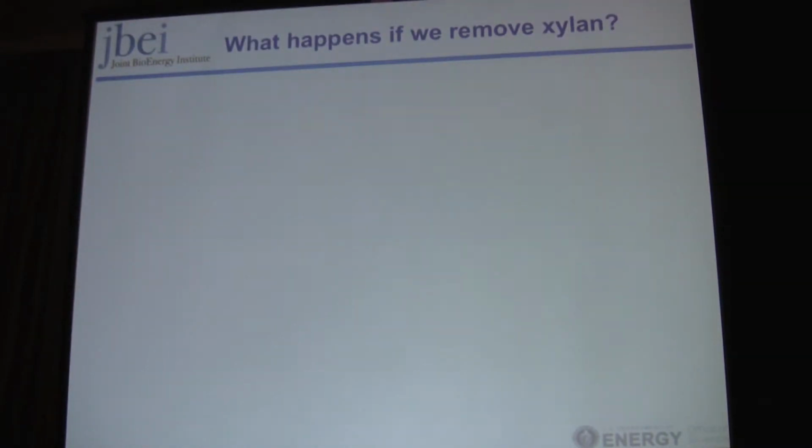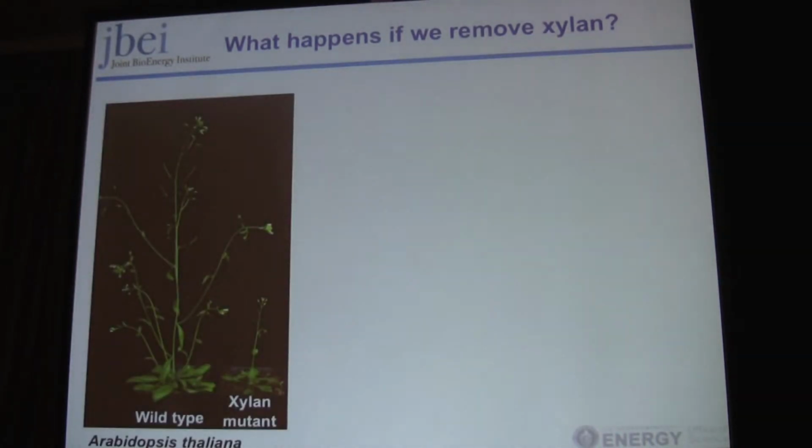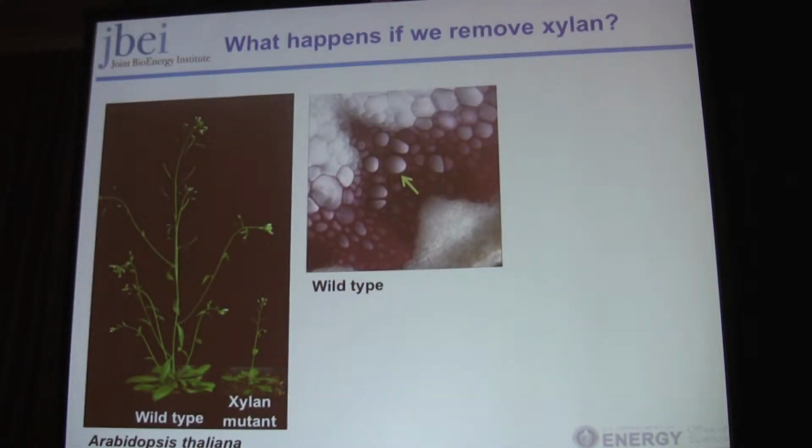So you would think that if we could easily just remove xylan from the plant, then this problem would be solved, but we can't easily do that because here you can see in the xylan biosynthesis mutant, growth is greatly hindered when compared to the wild-type Arabidopsis plant. In a normal wild-type vessel cell, they're large and round in shape.